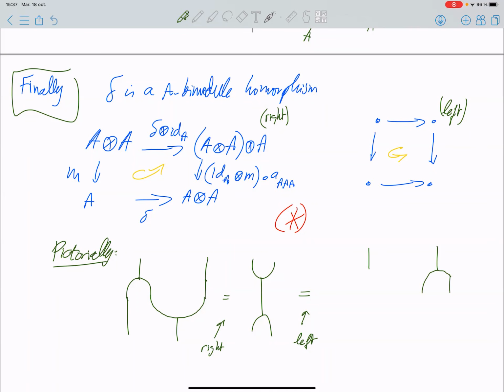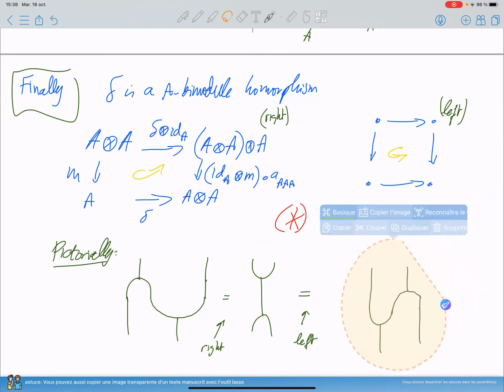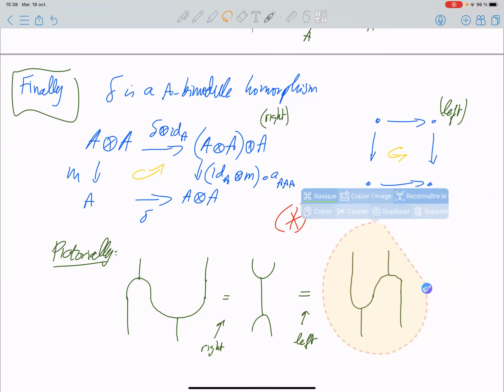Let me write this like that. Okay, so this is the left part. So you see, yeah, so it's okay.